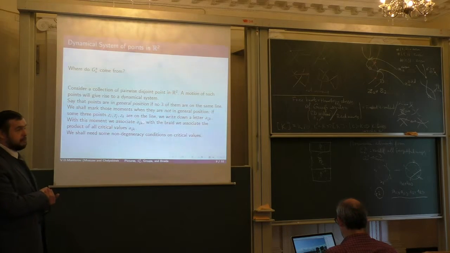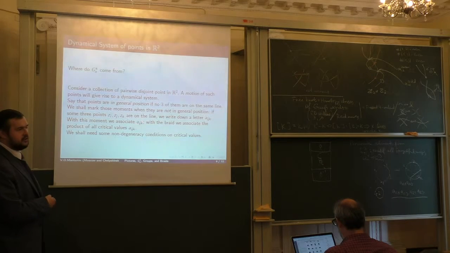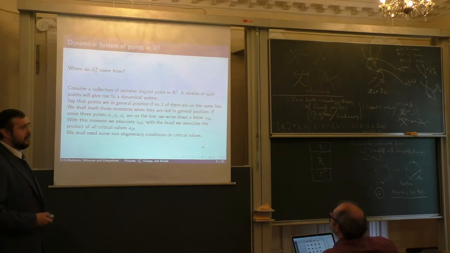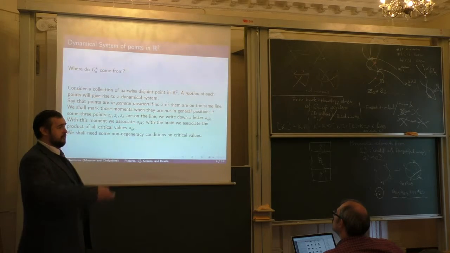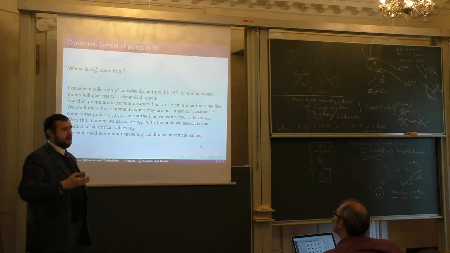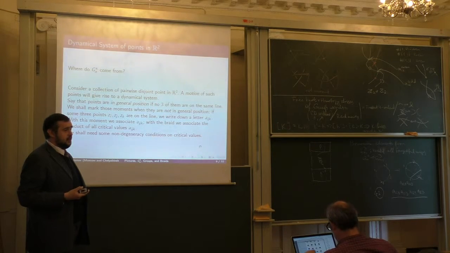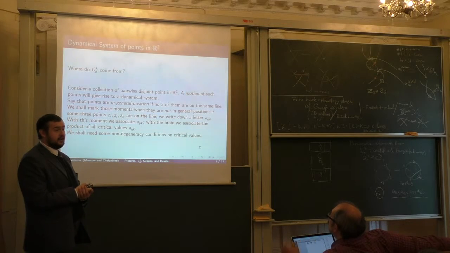If 3 of them appear to be on the same line, I write this generator, A_ijk. Then if my braid is in general position, I read it from top to bottom and mark all those points by generators, and I get a word.